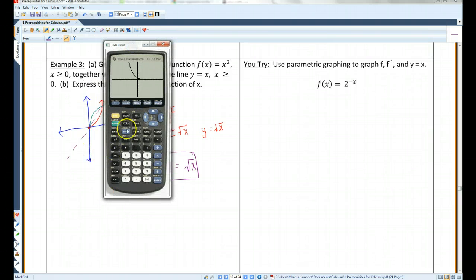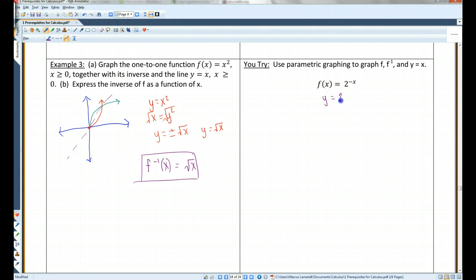Alright. I'm also going to graph the line y equals x. So, when we find the inverse, it should be symmetrical across this diagonal line. So let's go ahead and do this. I've got y equals 2 to the negative x. I'm going to have to use logs here.